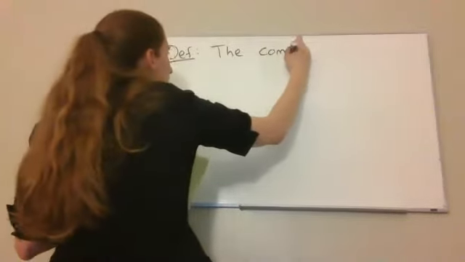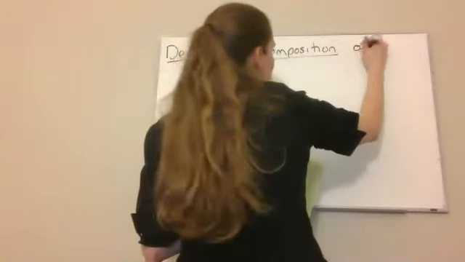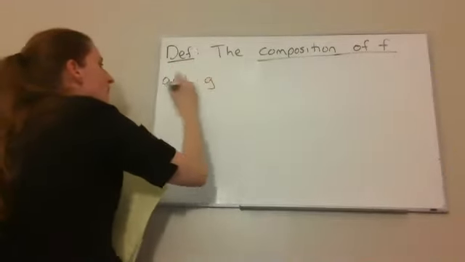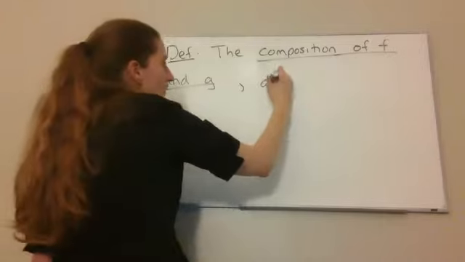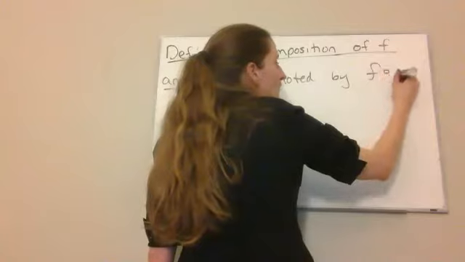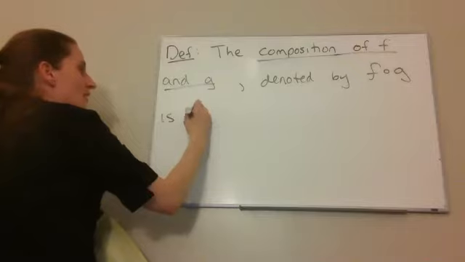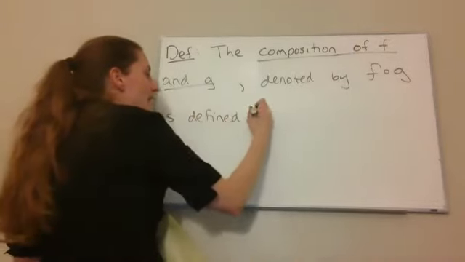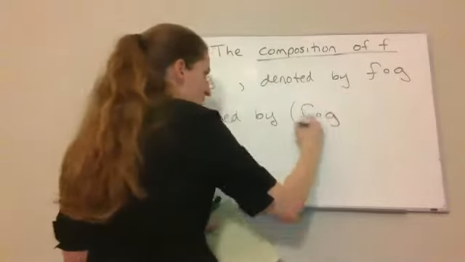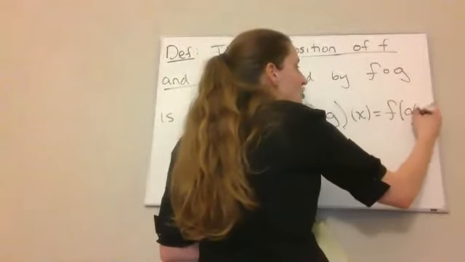The composition of f and g, which is denoted by the notation f with a little circle g, is defined by (f circle g)(x) equals f of g of x.